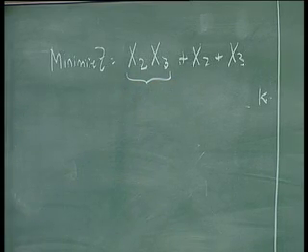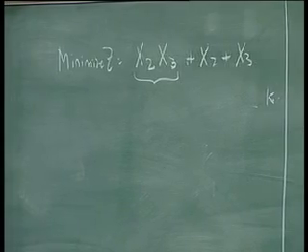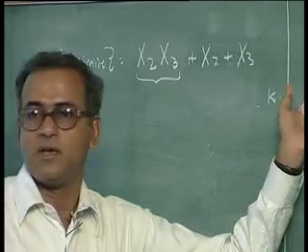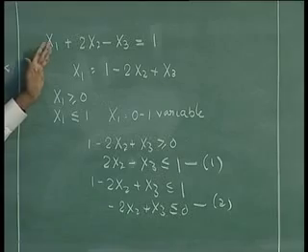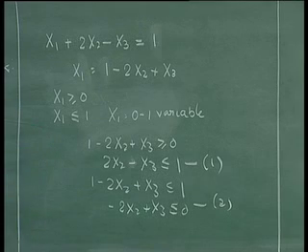I will just write down the equations for you. Yes, you can take any variable, you can choose it. It is not necessary that you should eliminate only x1, you could eliminate x2 or x3. The equations will change accordingly.